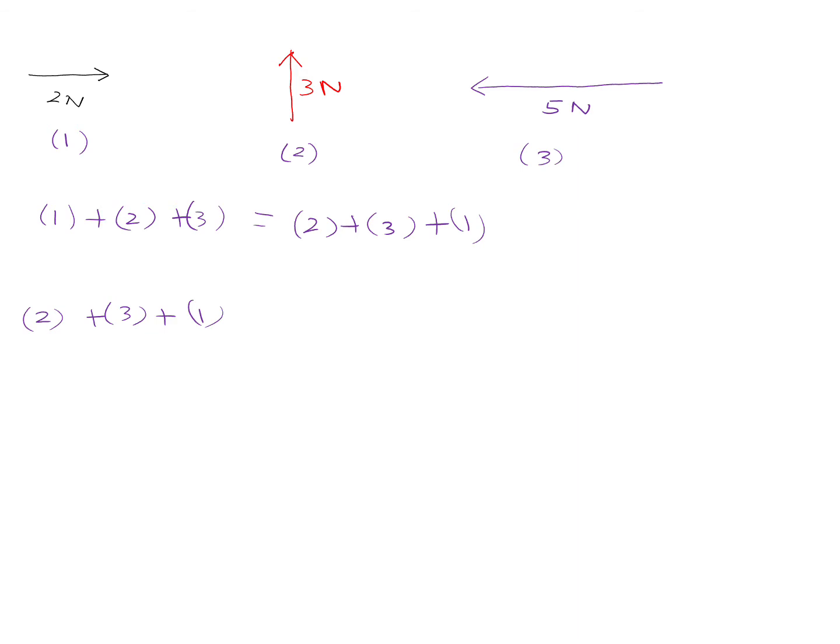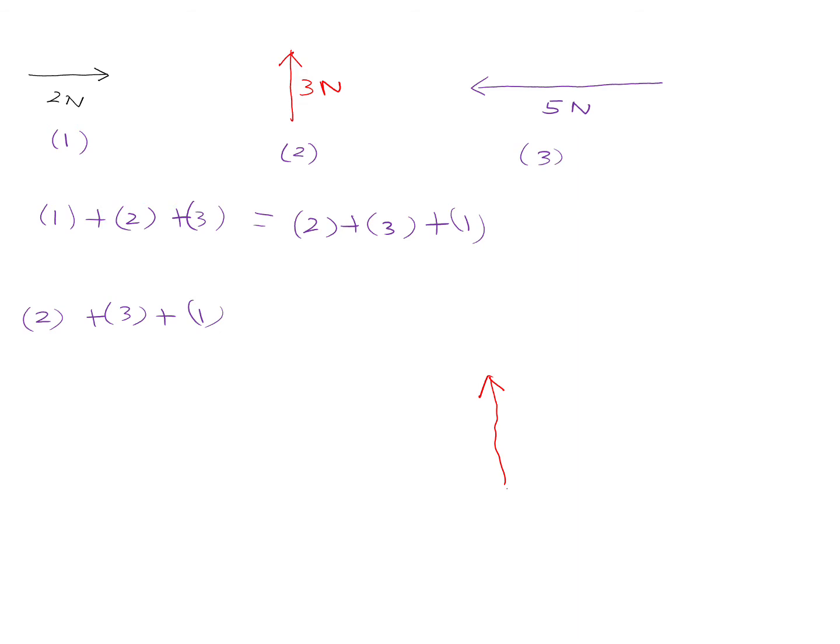So let's start with vector 2. Vector 2 is going up. It's a red color vector. Okay, so this is that vector.